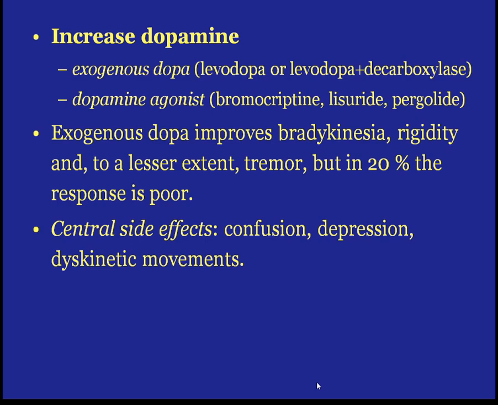We give levodopa or levodopa plus inhibitor of side effects, or sometimes we can help with dopamine agonists. A lot of side effects and a lot of problems during usage of levodopa exogenously.